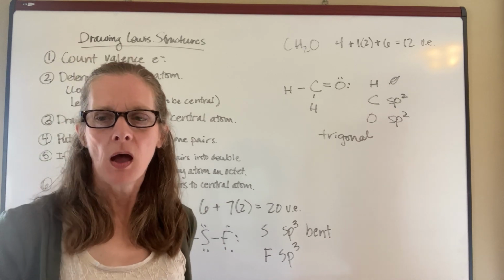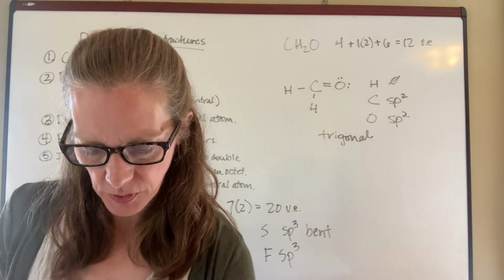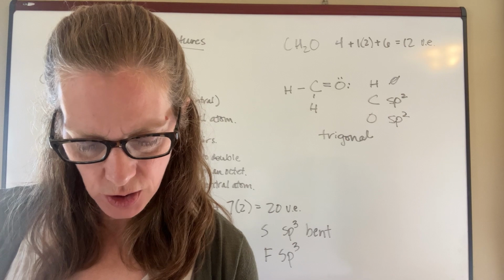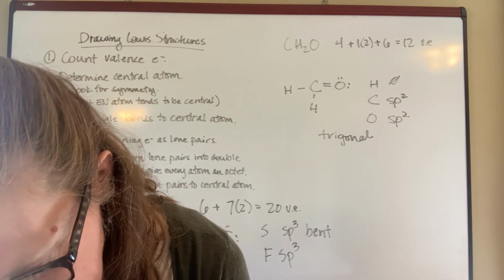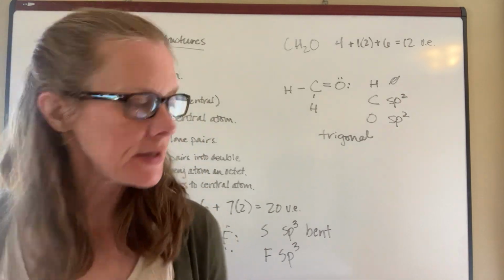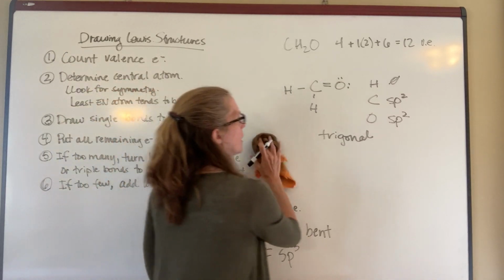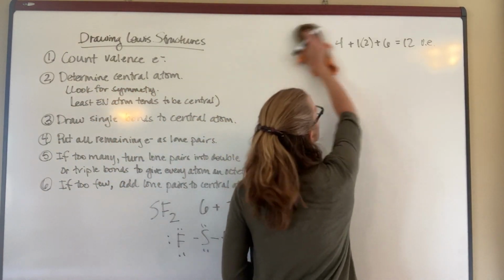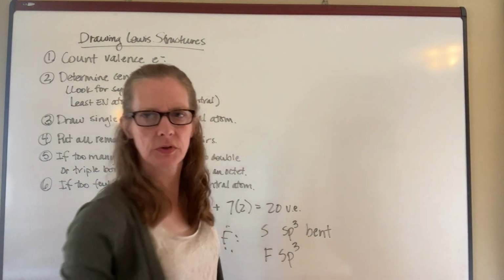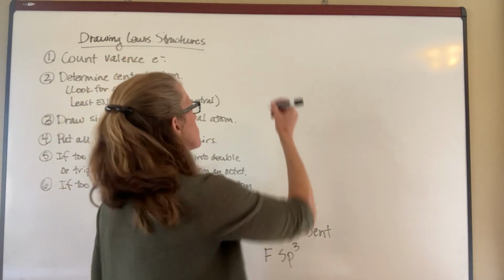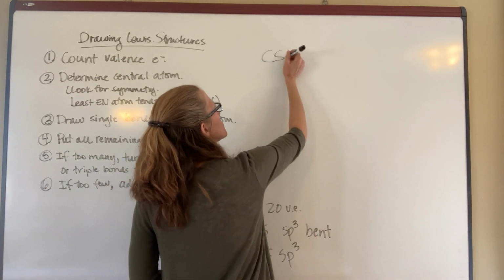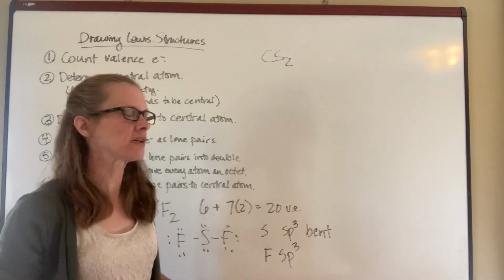Okay. Finally, the last example that he has there is CS2, and he asks for the orbital hybridization and the geometry. So let's do this one real quick. CS2, count up valence electrons.